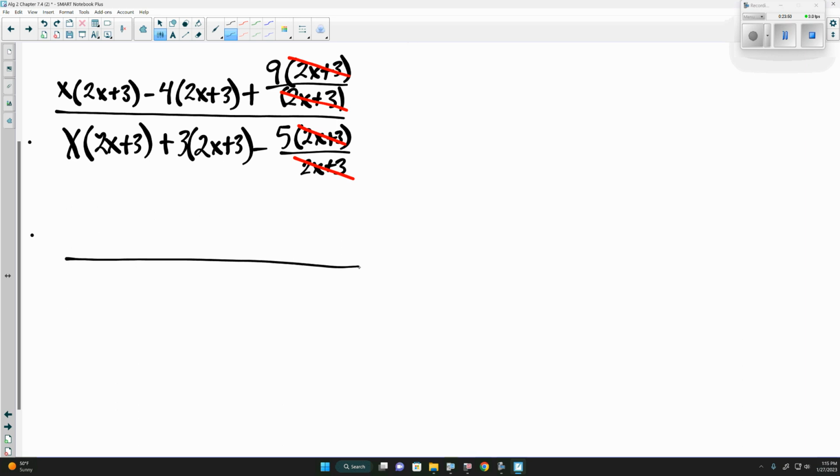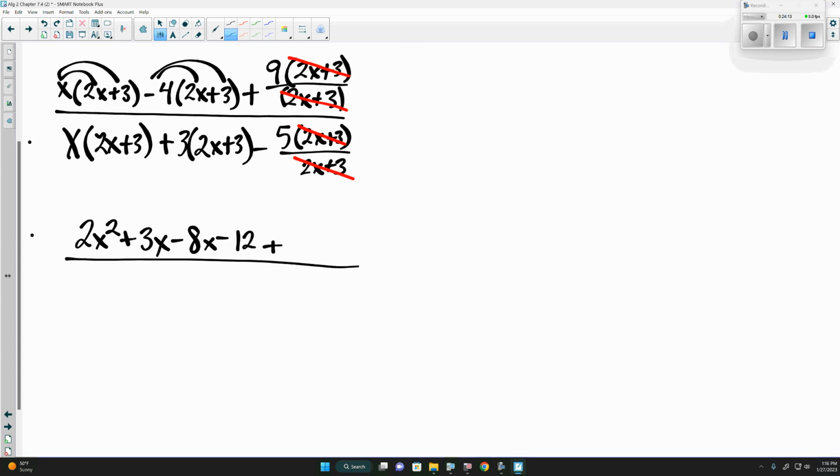Now at this point here, we can start simplifying. Distributing x times 2x is 2x squared. X times 3 is plus 3x. -4 times 2x is going to be -8x. And -4 times 3 is -12.